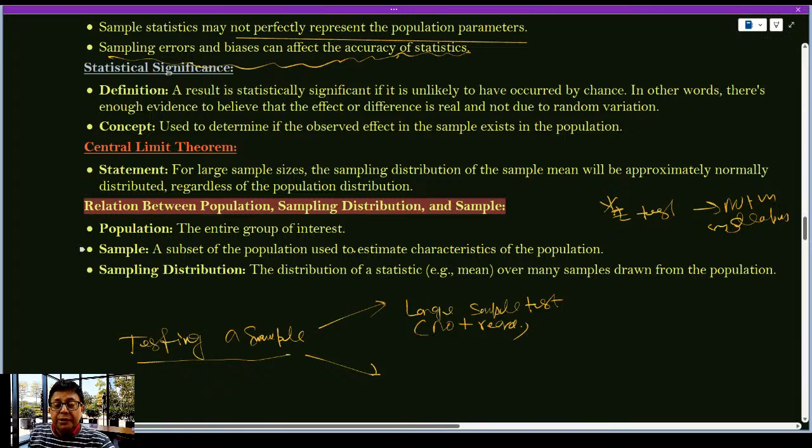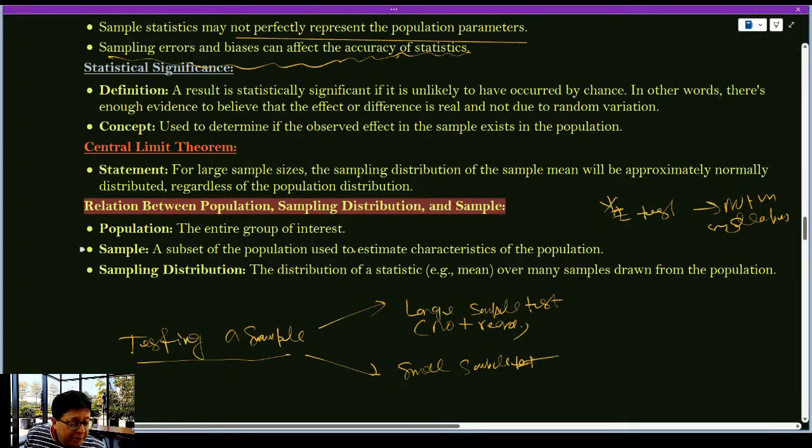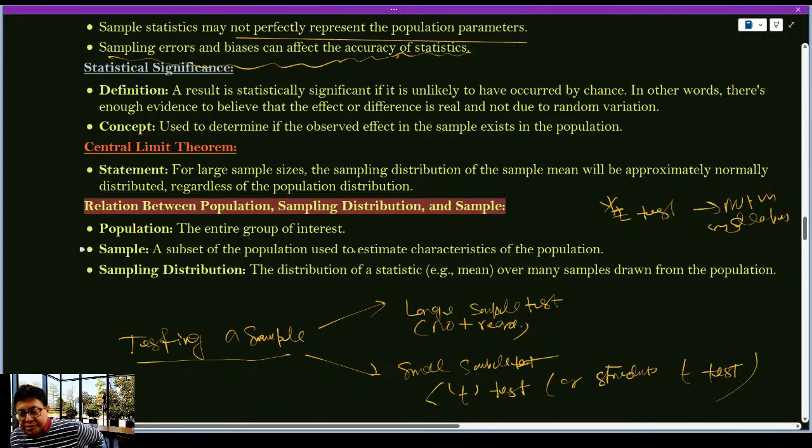This one is the small sample test. How do you do a small sample test? This will be done by the use of the t-test, or Student's t-test. This is another name: t-test or Student's t-test.